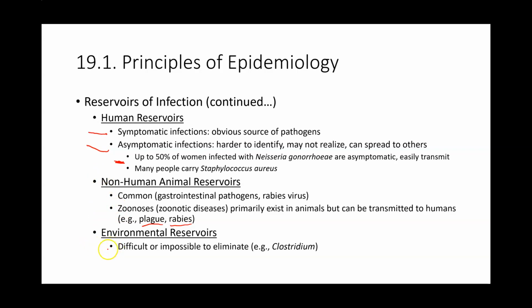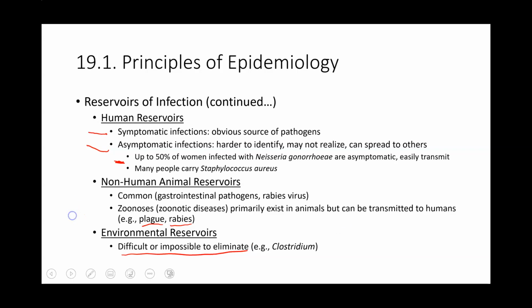Environmental reservoirs would be very hard to eliminate, because we can't get rid of dirt and we can't get rid of water. In that case, you're not going to be able to get rid of the reservoir, so you have to stop the pathogen from spreading some other way.